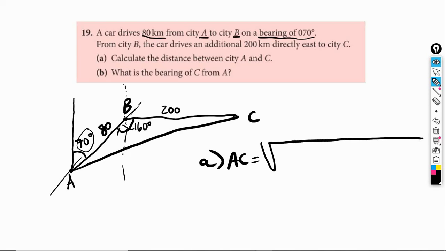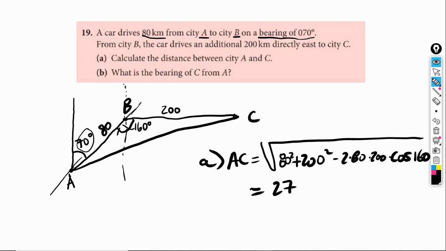So AC is going to equal the square root of 80 squared plus 200 squared minus 2 times 80 times 200 times the cosine of 160. Very well, if you plug this into the calculator, it's going to give you approximately 277 kilometers. So that would be the answer for part A.